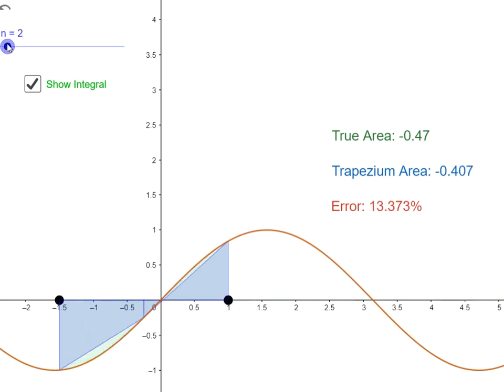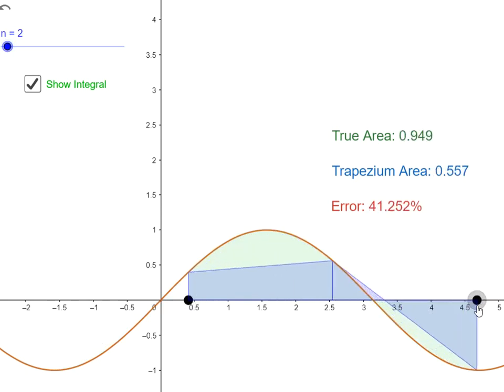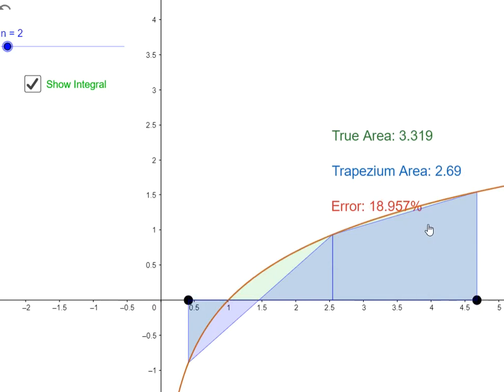Now, if we reduce the number of strips, we can still see the same kind of effect happening here. But this becomes clearer if we take a function which doesn't have weird negative bits going on. So let's have a quick look at ln x. If we integrate here, we can see that we're going to get an underestimate.